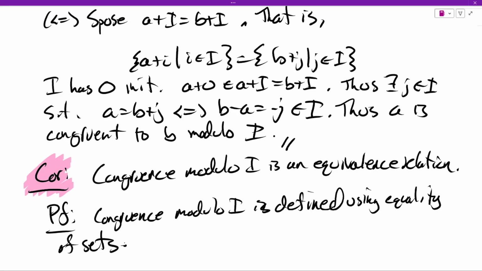Well, you need to check that the corresponding sets that you get satisfy reflexive, symmetric, transitive, and so on. But it's equality of sets. Equality of sets will satisfy that. So I'm going to end it there and I'll let you think about filling in what little details there are. But congruence modulo I is an equivalence relation, just like congruence modulo an integer was an equivalence relation.